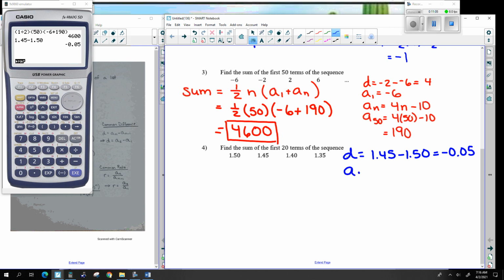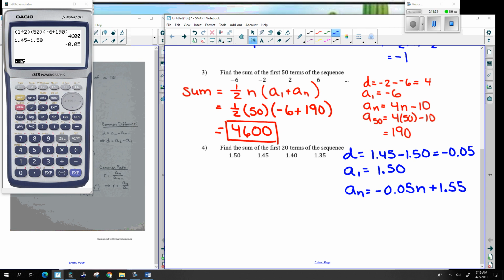The first number in this situation is 1.50. That makes our explicit formula bn, and then 1.50 minus negative 0.05, so that would be positive 1.55.